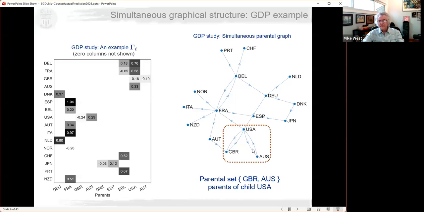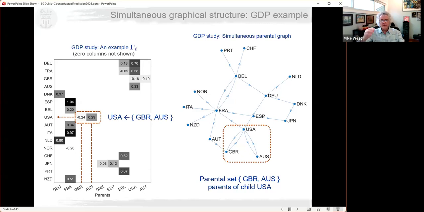So let's look at US, Britain, and Australia. In the row corresponding to the US, there are 2 non-zero coefficients on Britain and Australia, and the rest of the values in that row are 0. And the other columns are all 0 that I've omitted just for presentation.